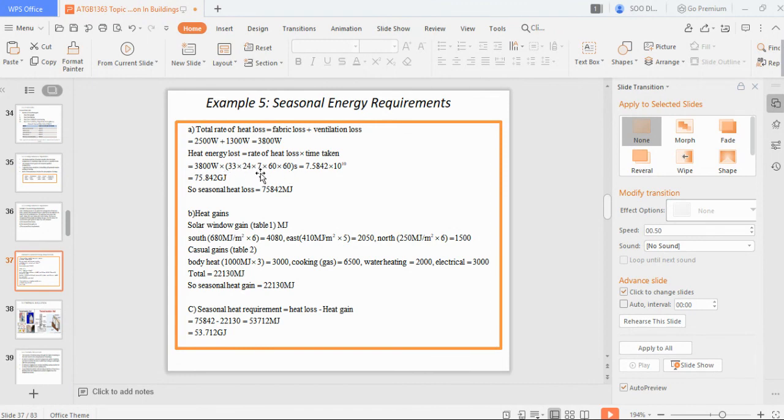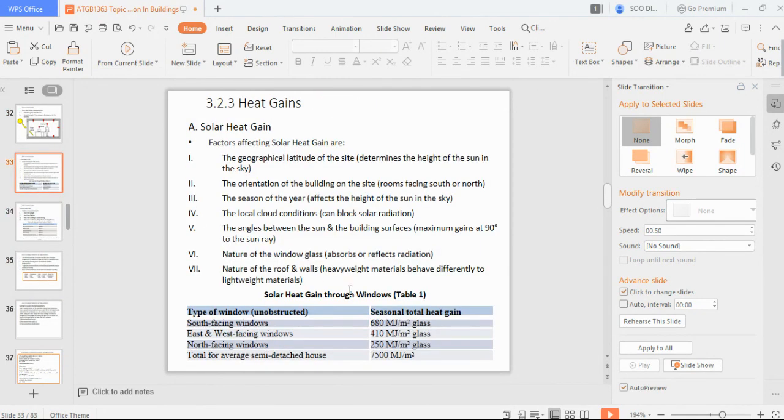So 33 weeks, you have 7 days a week, 24 hours in a day, 60 minutes in an hour, and 60 seconds in 1 minute. You multiply this together and you get this value. This is your seasonal heat loss. For the gain, referring to table 1, for the window facing this direction you have a seasonal total heat gain of this value.